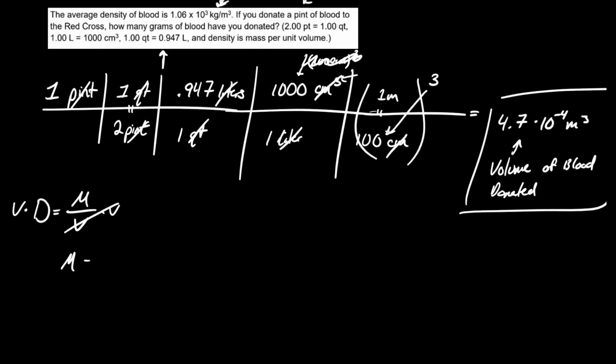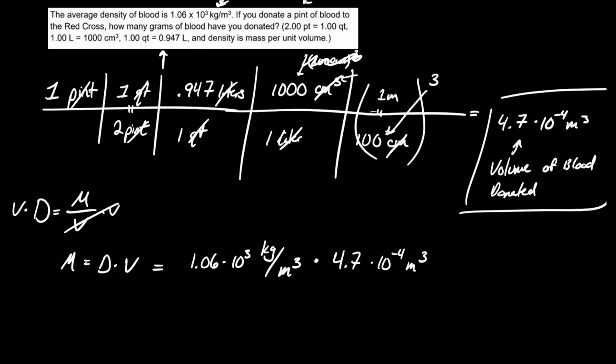So we have mass is density times volume. Now we have a density of 1.06 times 10 to the 3rd kilograms per meters cubed told to us. And we are donating a volume of blood that's 4.7 times 10 to the negative 4th meters cubed.